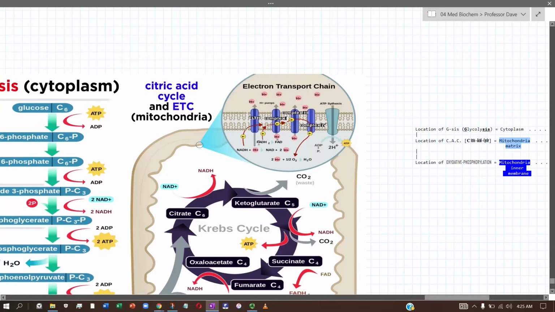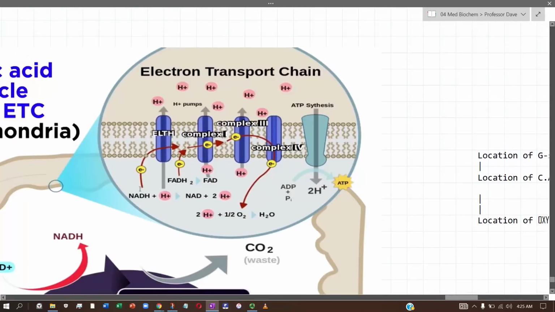But for now, essentially what happens is that all of the NADH and the FADH2 molecules that were generated from the steps of the citric acid cycle indirectly create ATP. Indirectly because they don't directly create the ATP, they power these pumps, the hydrogen pumps, not the electron pumps.